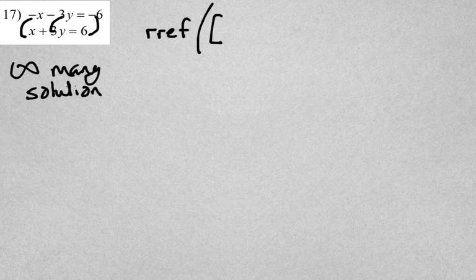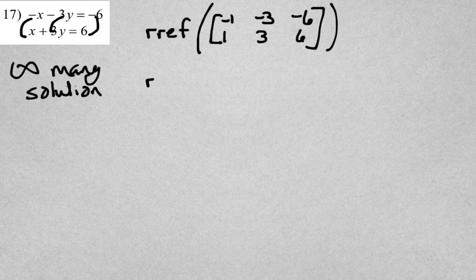Again, that same process, -1, -3, -6, 1, 3, 6. And the output this time is going to be a little bit different the way it gives us the answer. And this time the answer has a row that has all zeros.